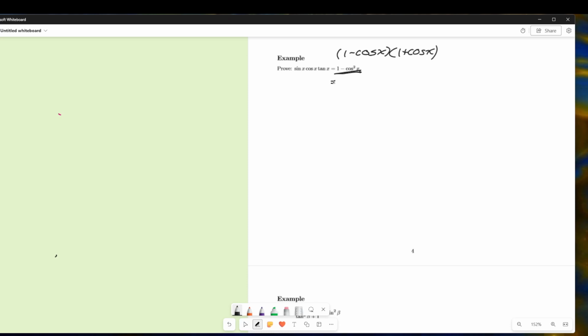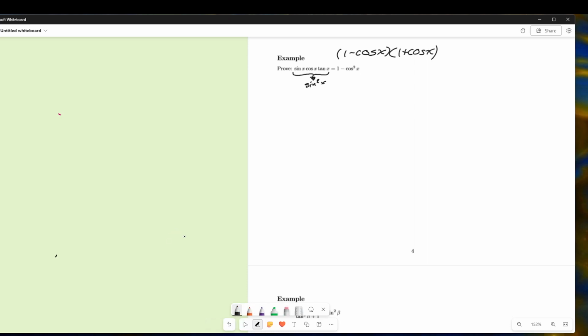We also know by our Pythagorean identity that that's equal to sine squared x. So it might benefit us instead to try to take this side, which does have a lot going on. If we can turn this side into sine squared x and then turn it into 1 minus cosine squared x using our Pythagorean identity, then we'll be in good shape. So trying to turn that into sine squared x is probably a good path.